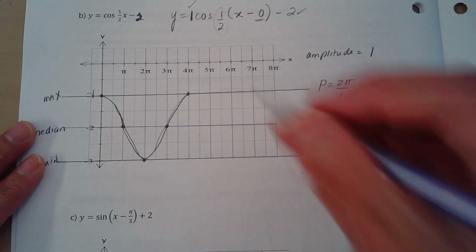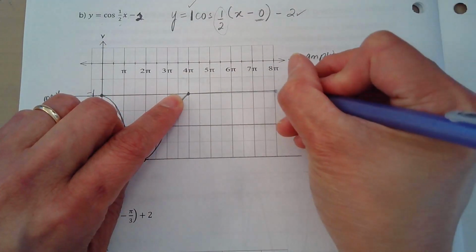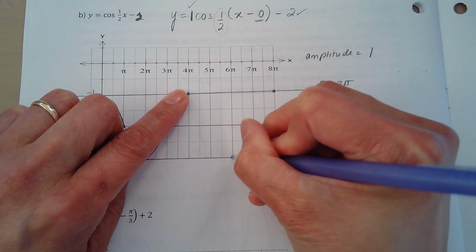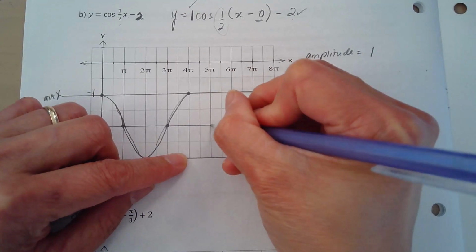Okay, so next one. From 4 pi to another 4 pi, that brings us to 8 pi. Half of that would be 6, and half of the half is here.